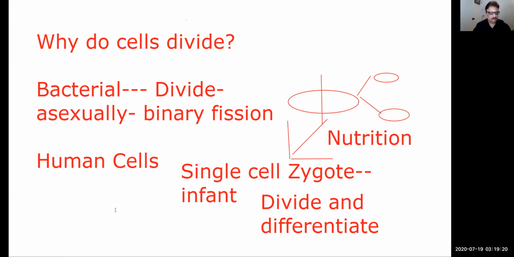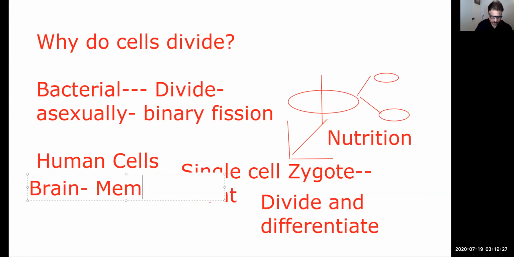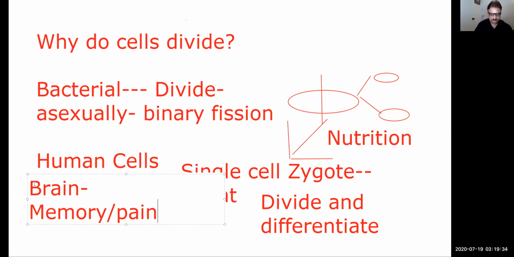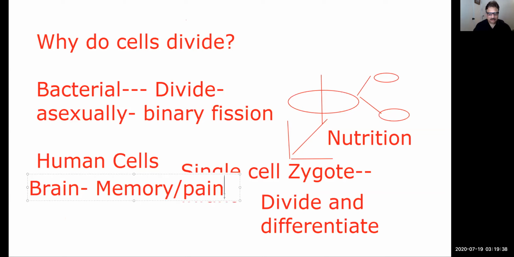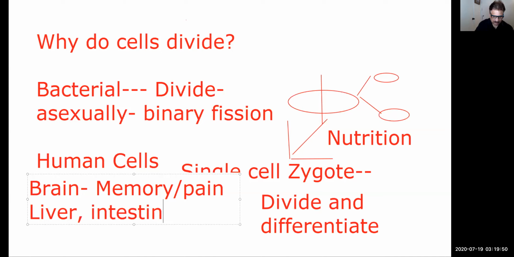This zygote will form cells which will develop into brain cells, whose role is memory and sensing pain or other signals; kidney cells, which are involved in secretion or removal of waste; then liver cells; and intestinal cells, which are involved in digestion and metabolic processes.